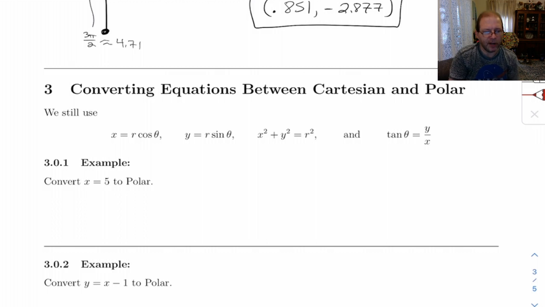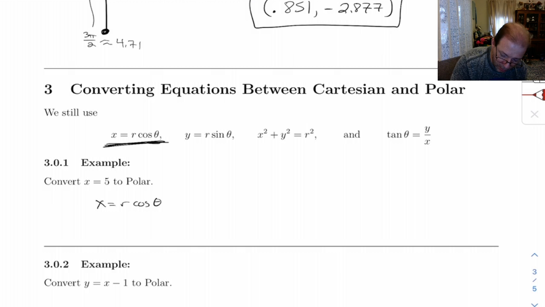Now this is interesting right here. x equals 5. We know what that is; that's just a vertical line. If we want to convert that to polar, we take x equals r cosine theta, replace the x with 5, and then solve it for r. r equals 5 over cosine theta.